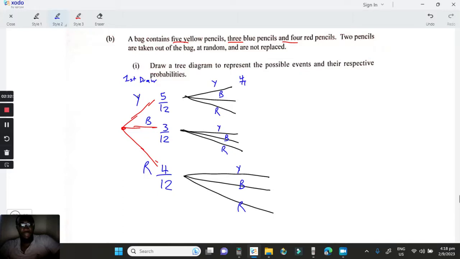Now for the blue though, if you draw a yellow first, you still would have your 3 blue out of 11. And then if you draw yellow first, you wouldn't trouble your red either, so you'd have 4 out of 11. If you had drawn a blue first, you'd have all your yellow. If you had drawn a blue first, then one of the blue would decrease. So you'd have 2 over 12 or 1 over 6. And then for the red, none of your red would be troubled.